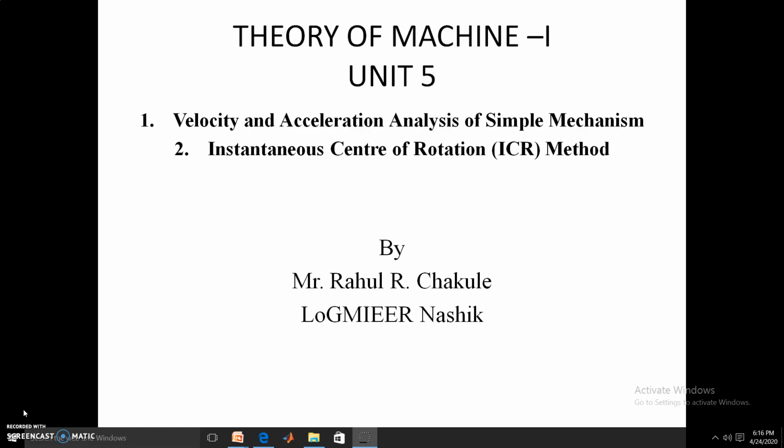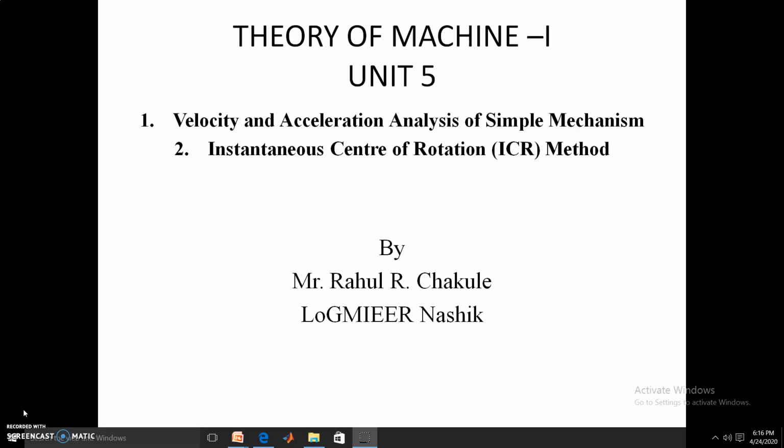For example, if the mechanism has 4 links, then you put the value of n in the formula and you will get the total number of ICs as 6. Out of these 6 ICs, some may be fixed, some may be permanent, and some may be neither fixed nor permanent. All these things we will see at the time of taking the problem.